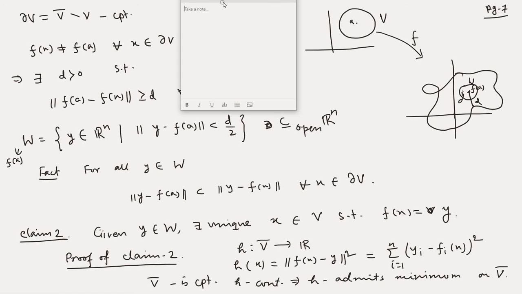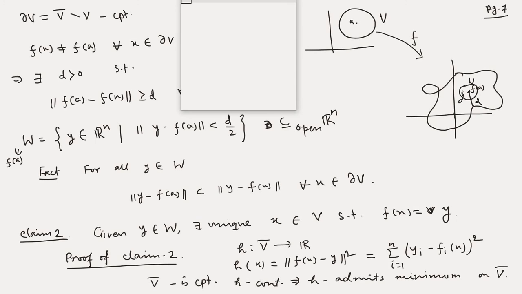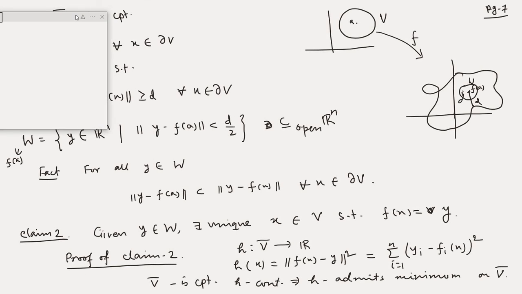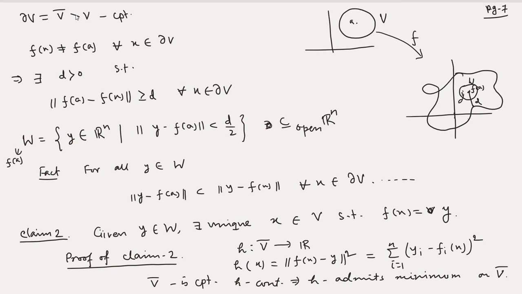So the minimum can occur either in the interior or on the boundary. Let us label this inequality by equation 2.